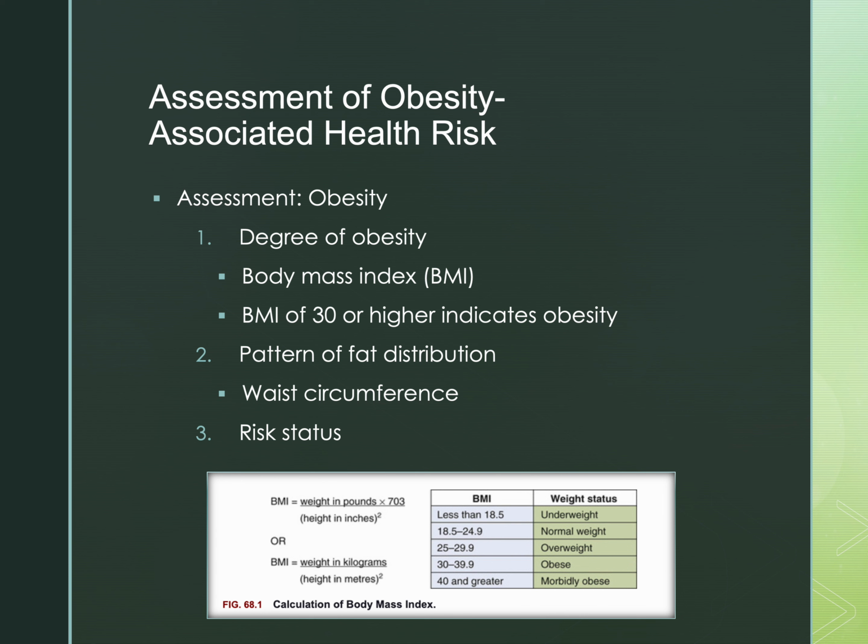We also need to consider just the risk status of our patient. And this is determined not just by BMI or waist circumference, but we also need to see what is actually in the here and now. Is there a presence of weight-related diseases that they already have, or cardiovascular risk factors? And so looking at their whole health profile is going to help you to understand what the risk is for mortality and morbidity due to obesity.